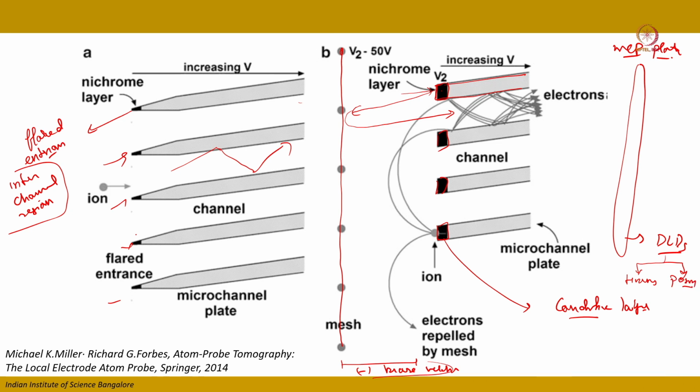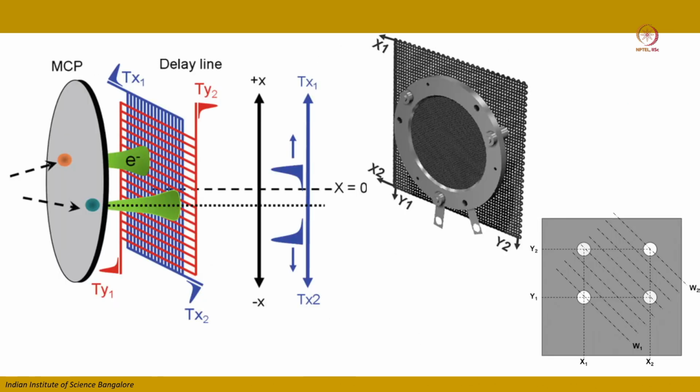So these delay line detectors are particle detectors that use the time difference between arrival of any signal at different points on the delay line.